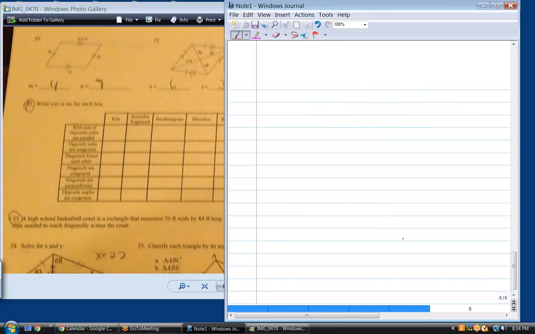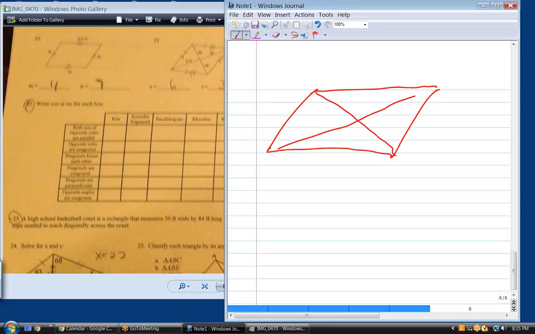Parallelogram. Best way to really answer these is to draw one and see if it looks like they bisect one another. Yes? No? Yes. Yeah. And they do here for the same reason they did with the trapezoid, which is that we have two congruent triangles.